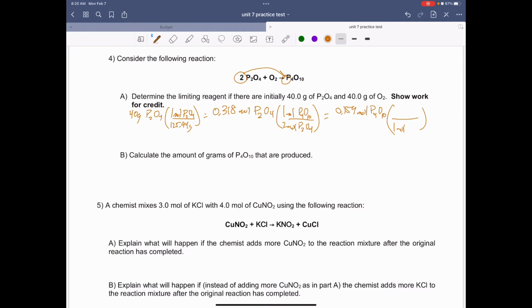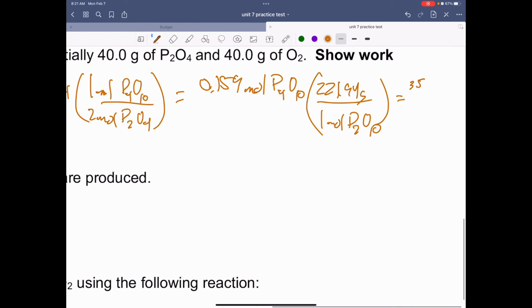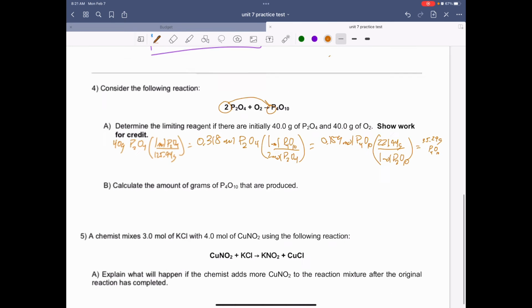And 1 mole of that is, okay, we've got 2 phosphorus, so it's 30.97 times 2, plus 10 oxygens, each oxygen is 16, so plus 160, 221.94 grams. And so multiply those two numbers together, 221.94 times 0.159, and we get 35.29. So 35.29 grams of P4O10. Okay, that's how much that will make.